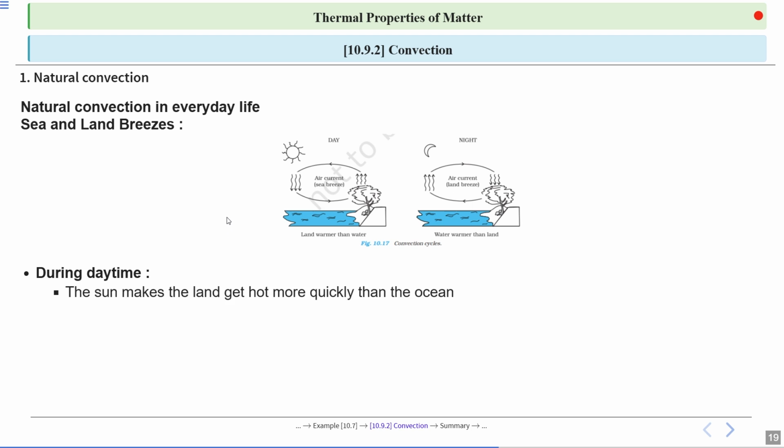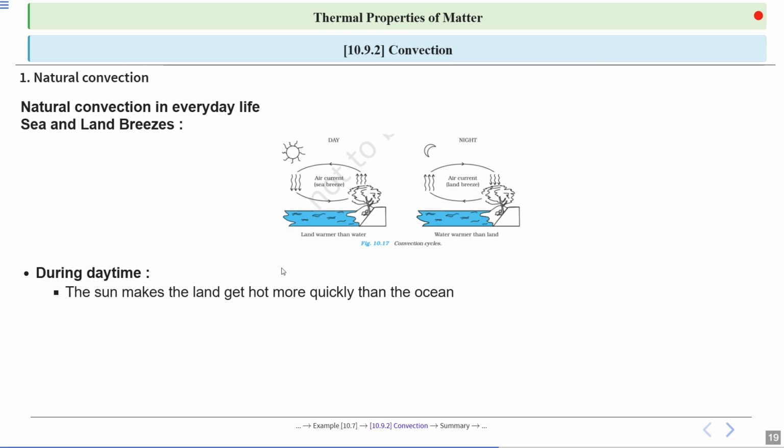During daytime, the question arises first, why does it happen? We can say during daytime, land heats up faster than sea. All right. So air above land becomes hot, expands and rises because hot air is lighter.